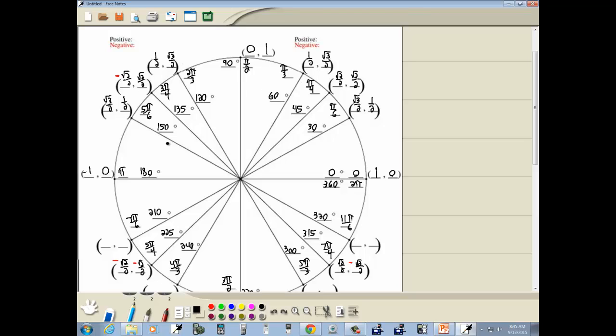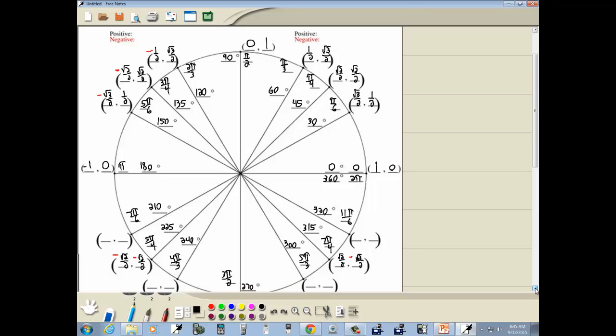But remember our signs. Let me go ahead and put the signs in, then I'll fill in these last two. Over here, we said our x is negative, so that's negative, and this is negative, and our y is positive. Okay, down to here. Hopefully I can show this.